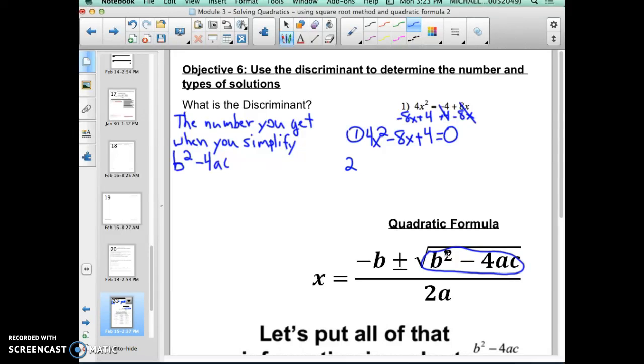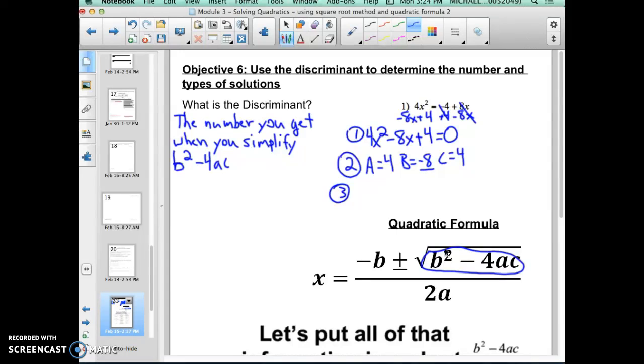Step 2 is the beginning part of the steps necessary to solve using the quadratic formula. Step 2 is to identify the a, b, and c. A equals 4, b equals negative 8, and c equals 4 as well. Step 3 is to insert them into the quadratic formula. So it's opposite of b.